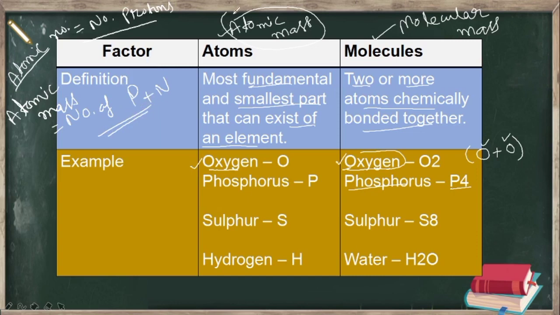So you should keep it in mind: atomic mass is defined as the total number of protons and neutrons present in the nucleus of an atom. Now let us move to our main topic which you are going to learn in this video, that is molecular mass.